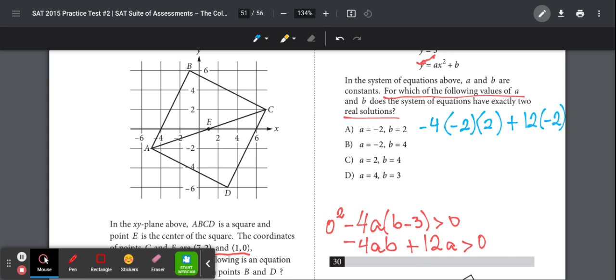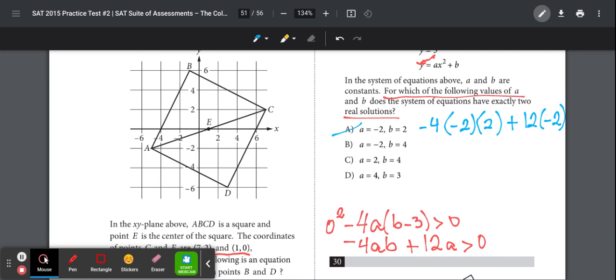If I'm plugging in the values of a and b, that's clearly not a positive number. That actually is 16 minus 24. It's going to be a negative 8. So A is not an option.